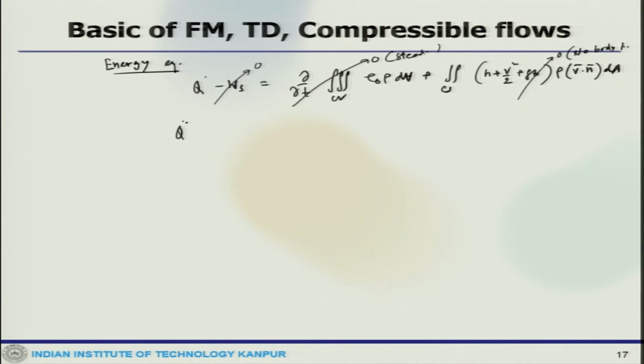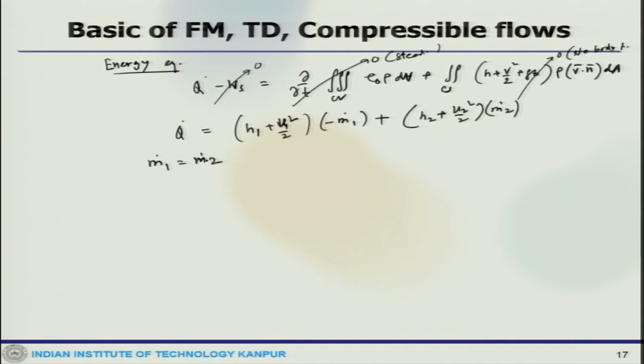So, this becomes q dot equals (h 2 plus u 2 square by 2) m dot 2 minus (h 1 plus u 1 square by 2) m dot 1. From the continuity equation we know m dot 1 equals m dot 2, let us say m dot, then you get q dot by m dot plus h 1 plus u 1 square by 2 equals h 2 plus u 2 square by 2.